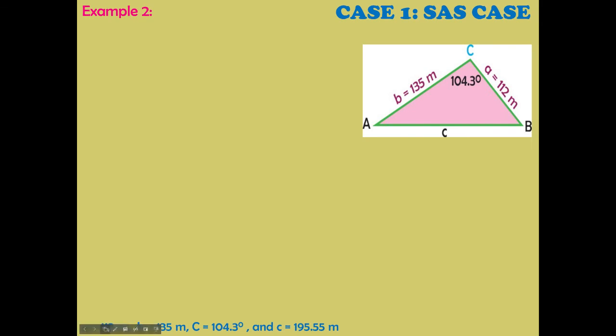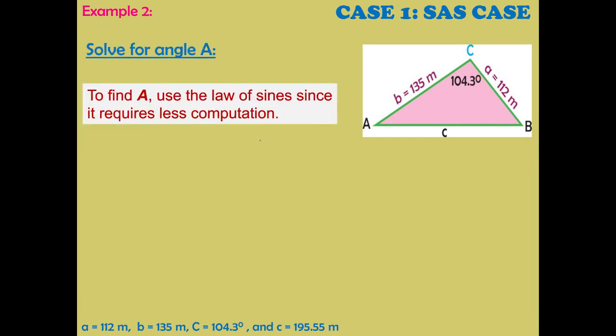Now we have the measure of side A, side B, angle C, and side C. Now let us solve for angle A. To solve for angle A, we can use the law of sines since it entails less computation.